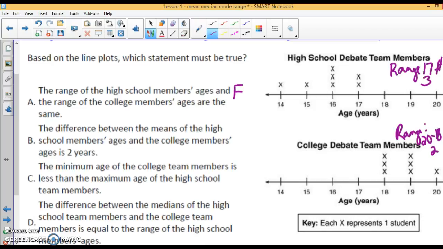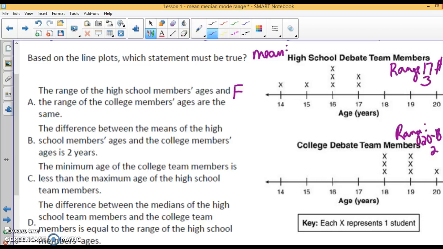Then it says, oh, I'm sorry, I missed the first sentence. The difference between the means of the high school members' ages and the college members' ages is 2 years. So I need to find the mean.